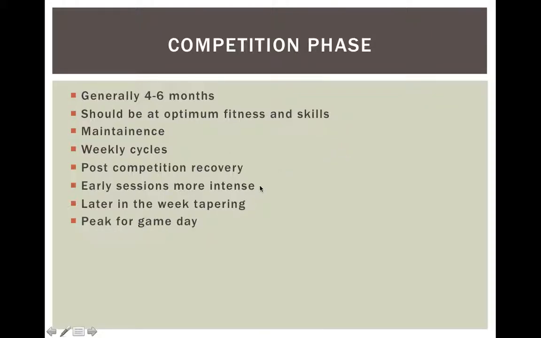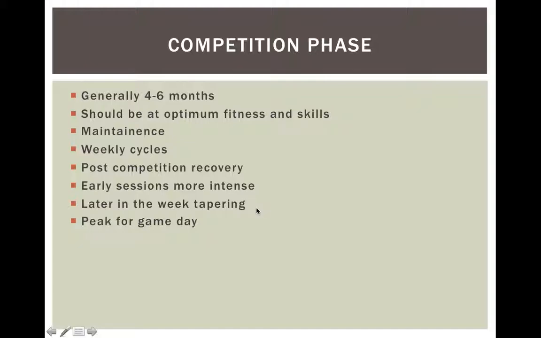Monday, they might get together, watch the video, do a little bit of light training. Tuesday, Wednesday will be, earlier in the week, the more intense sessions. So they'll have the longer 1.5 to 2 hour sessions on a Tuesday, Wednesday, and they're definitely more intense. And then as we get later in the week, Thursday to Friday, they taper.